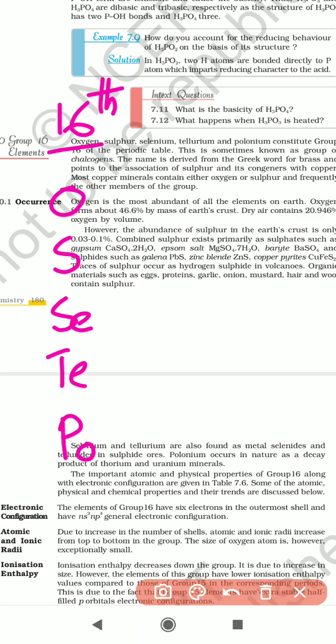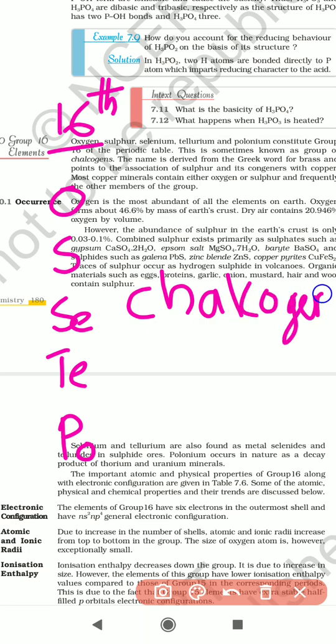These group elements have another name: chalcogens. Sometimes these group elements are also called chalcogens.